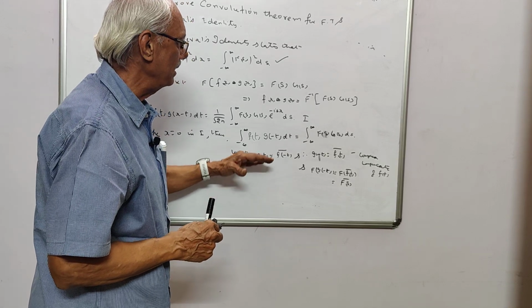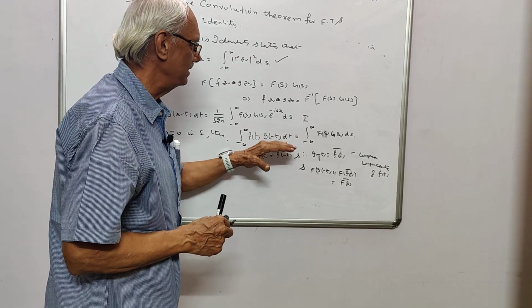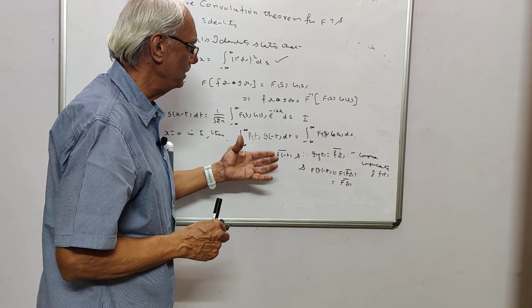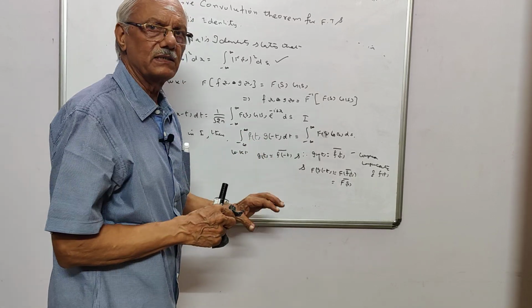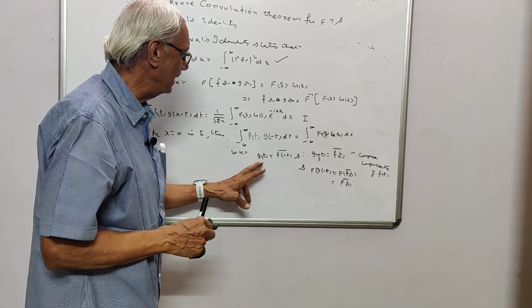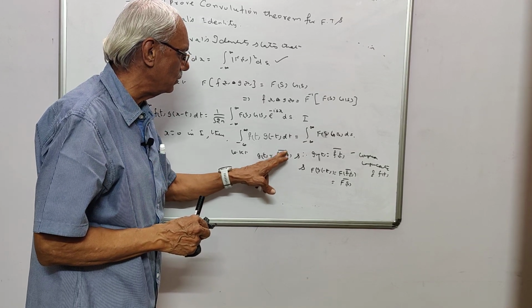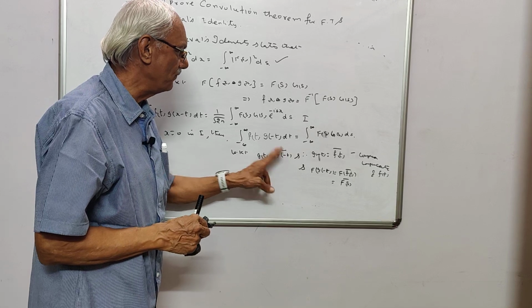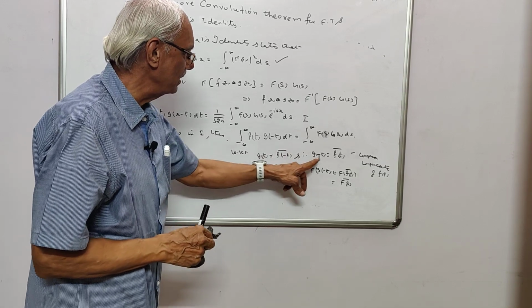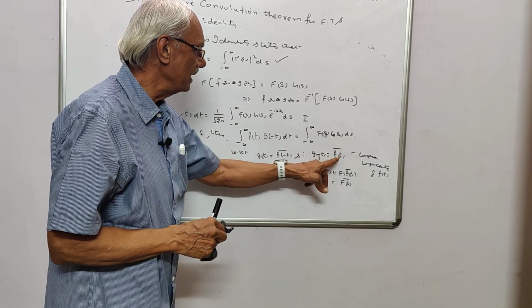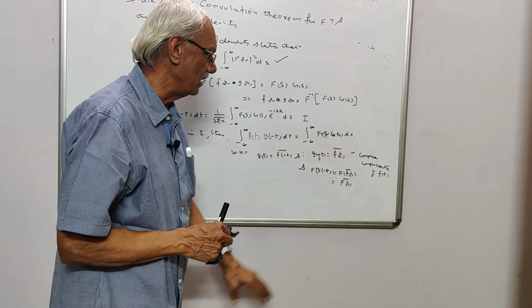For the time being, to prove this Parseval's identity, just know this, just apply this, that is more than enough. We know that g of t is equal to f of minus t bar. This is the conjugate of f of t, and therefore when you replace t by minus t, it is the conjugate of f of t.